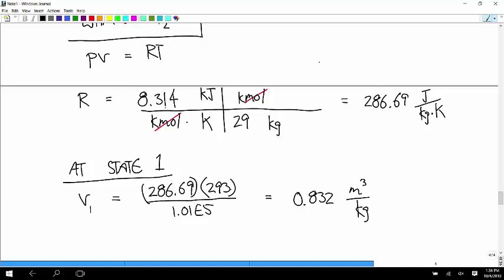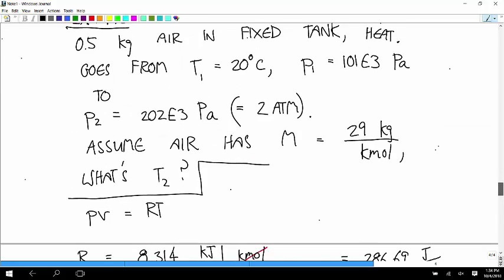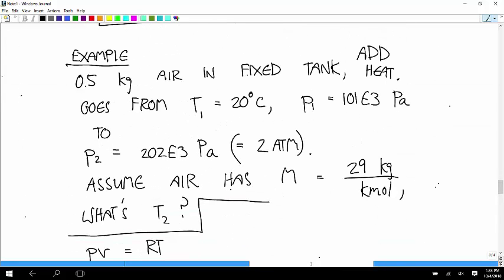Okay, what good does it do us to know the specific volume at state 1? We need the specific volume at state 2. It's the same for two reasons. The tank is fixed, so the volume isn't changing, and no material is going in or out.